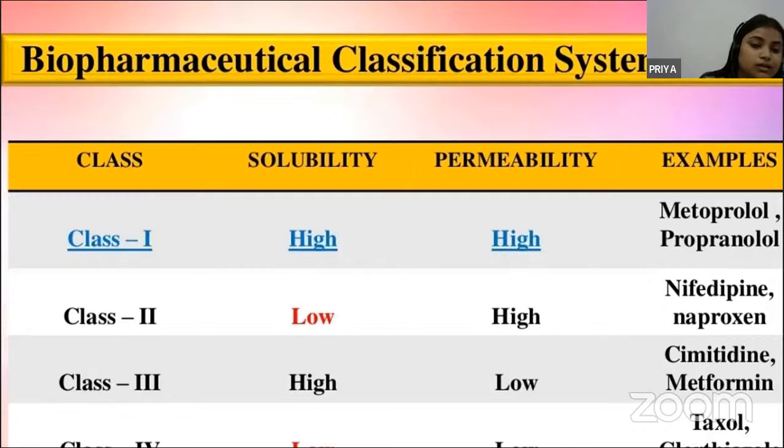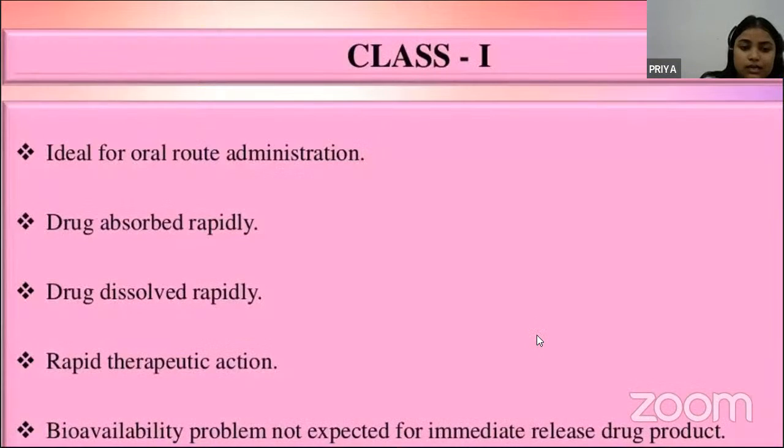Class 1 has high solubility and high permeability, for example propranolol. In class 2, the solubility of the drug substance is low but permeability is high, like nifedipine. In class 3, the solubility is high but the permeability is low. And next is class 4.